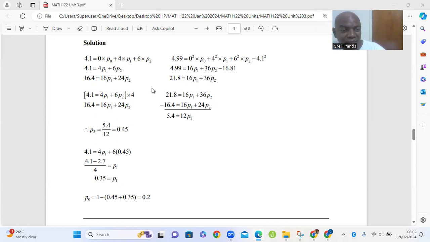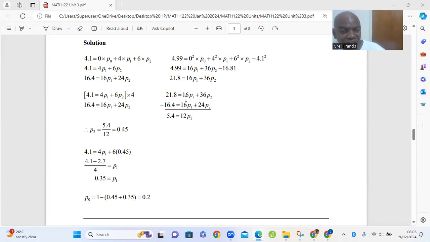So we can apply simultaneous equations here. The elimination method was used. The first equation was multiplied by 4. It appears that this was to cancel out p sub 1, because 4 times 4 is 16, and 4 times 4.1, 4 times 6, that's 21.8 for the 6 respectively.